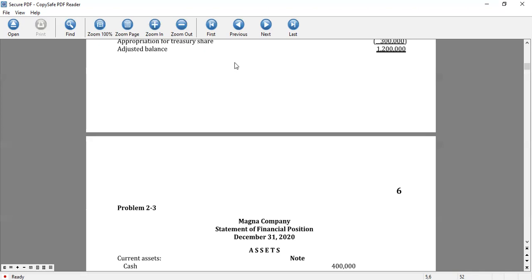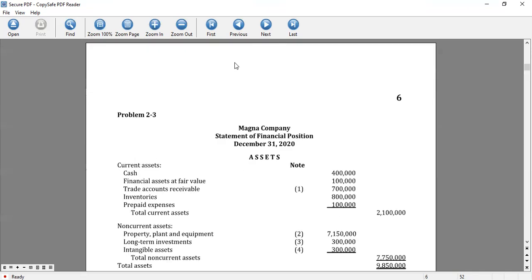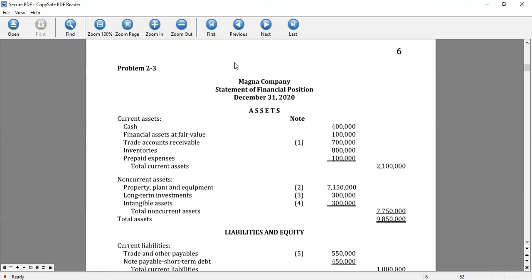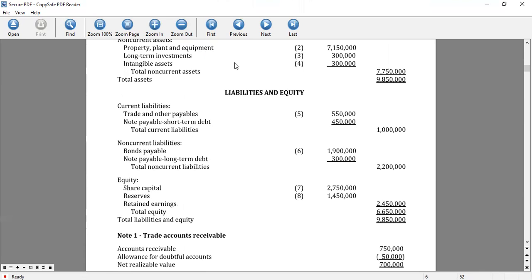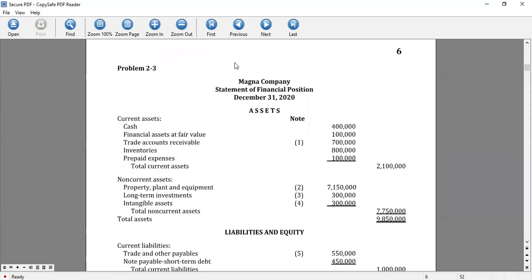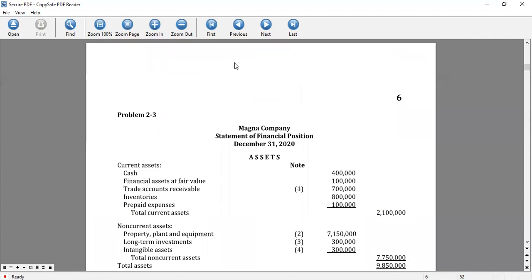Here, the requirement is to prepare in good form a properly classified statement of financial position with appropriate notes. Okay, so we have now problem 2-3. We have to consider the solution with 8 notes.